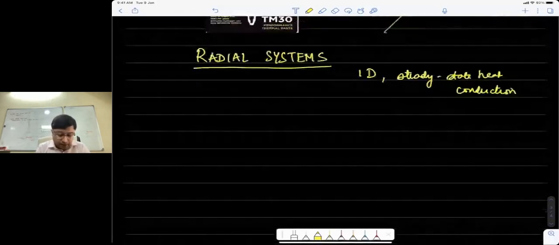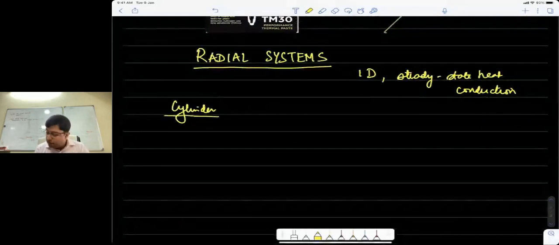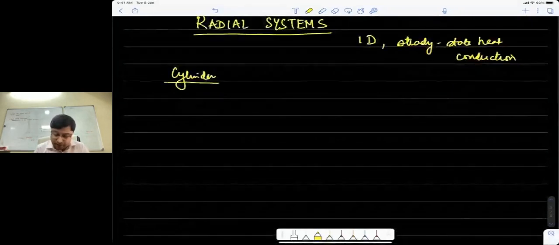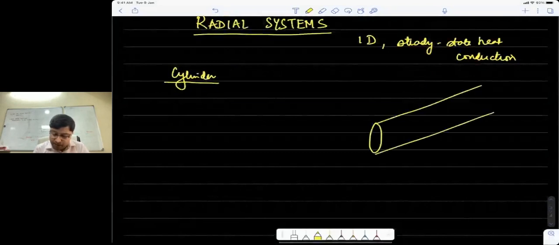And we'll pick up the first case of a cylinder, or heat conduction in a cylinder, where maybe think of it this way, that we have a long cylinder, which is an annular cylinder.